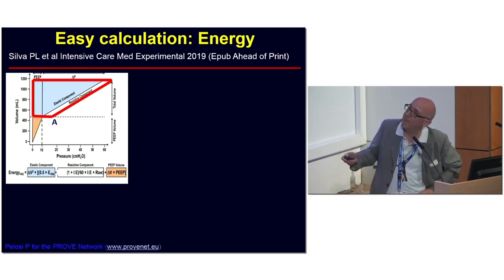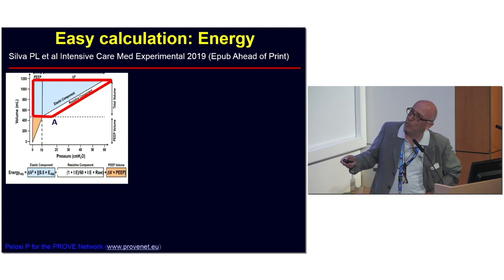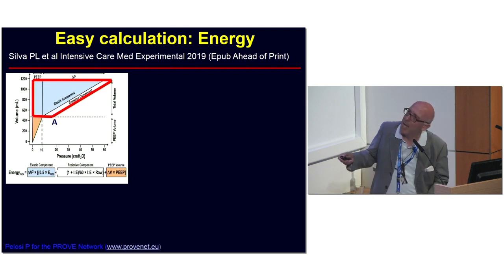This is a graph showing the volume. This is the volume that you gain with the PEEP, and we don't consider it here. And this is the tidal volume during the breath. This is the level of PEEP that we are applying.